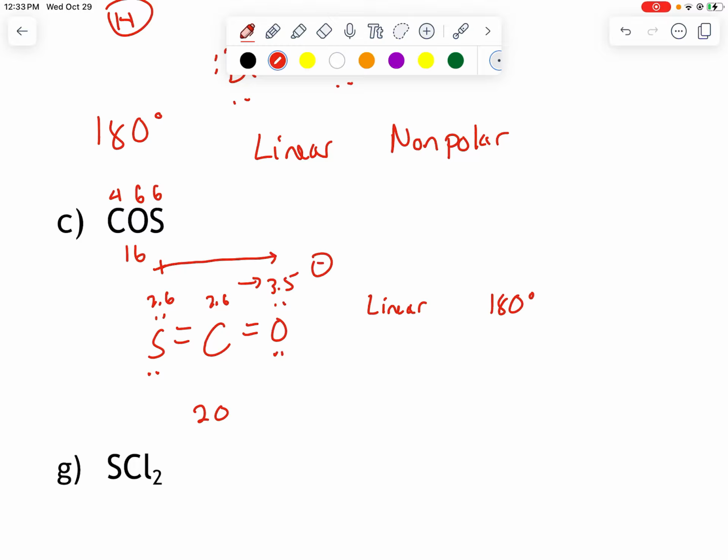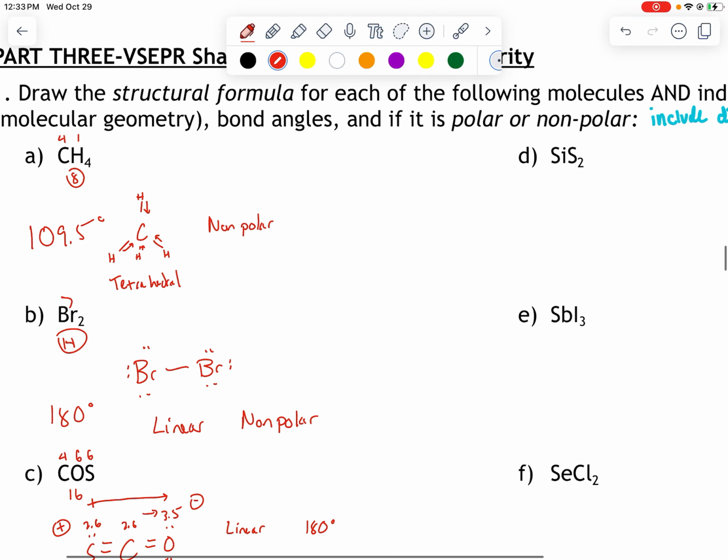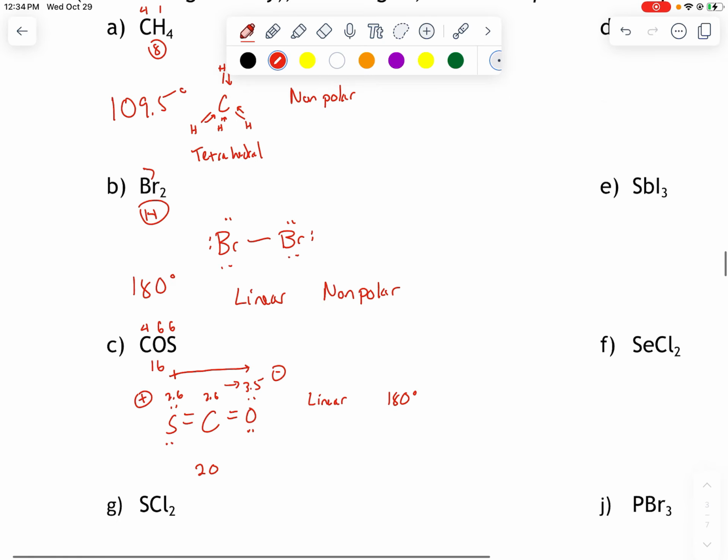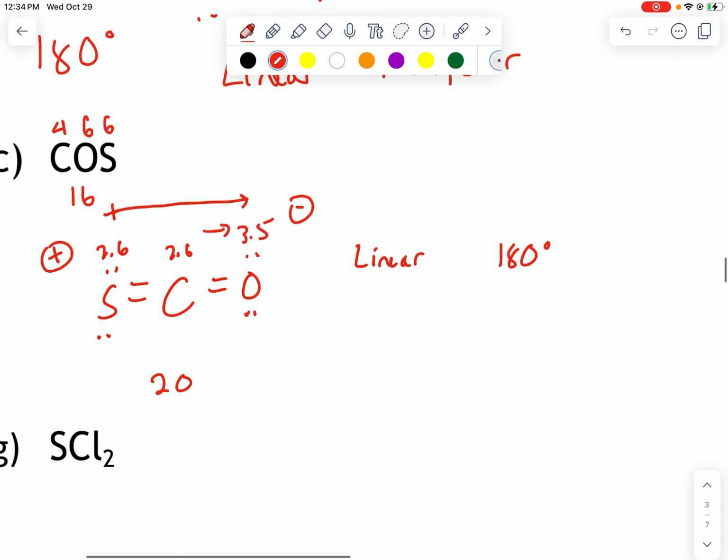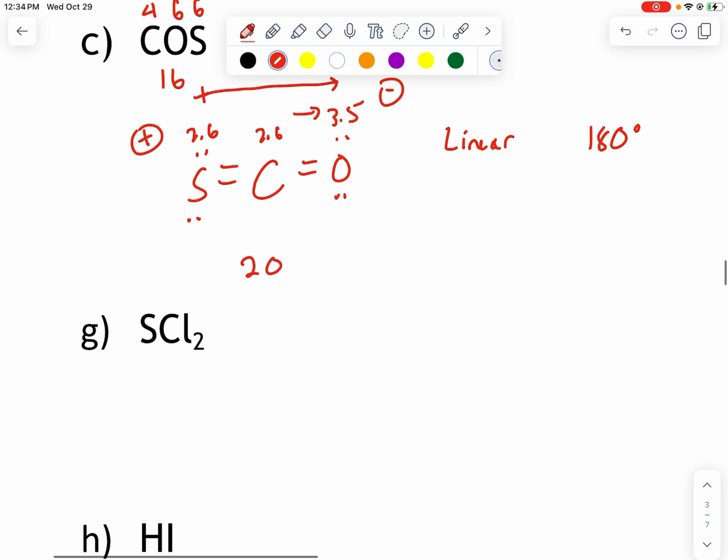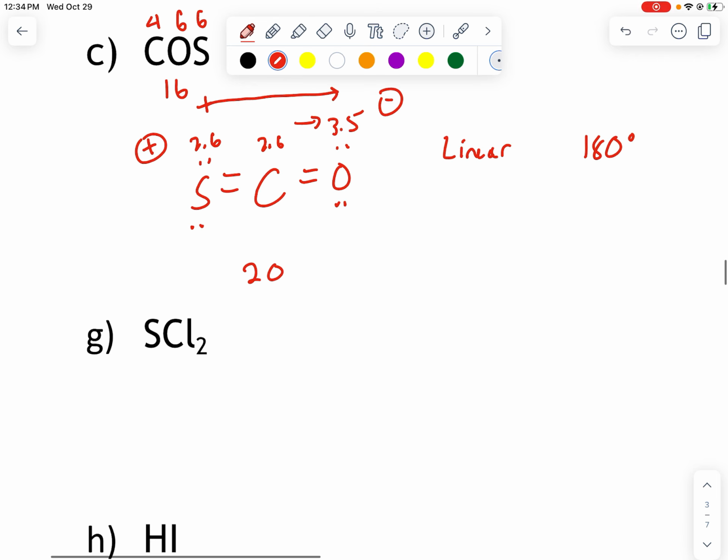This is your partial negative. This is your partial positive. I think that's everything that we needed. All right. So the arrow points to the more negative side of the molecule, and the positive side of the arrow is on the positive side of the molecule.